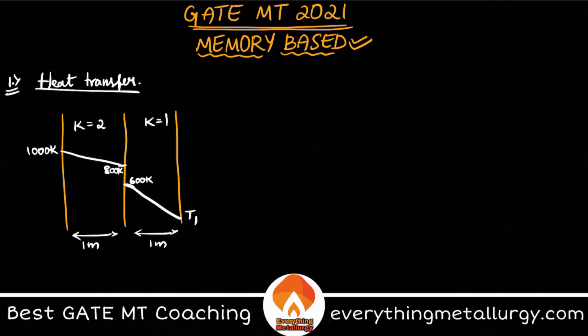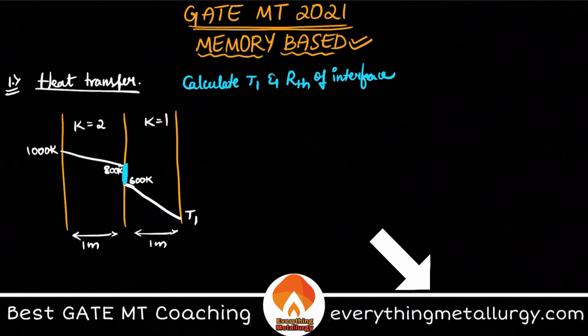Also, there is a temperature drop at the interface. The question asks you to calculate T1 and the RTH, the thermal resistance of the interface, this blue guy which I kept here. This can be directly done using Fourier's law.